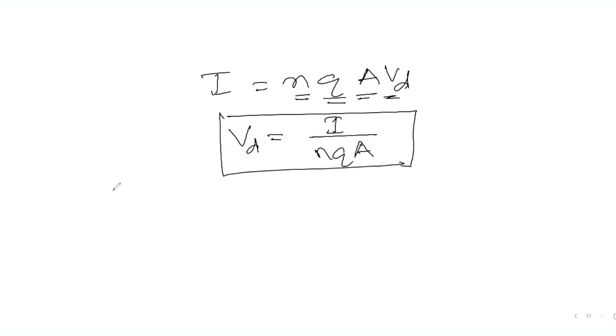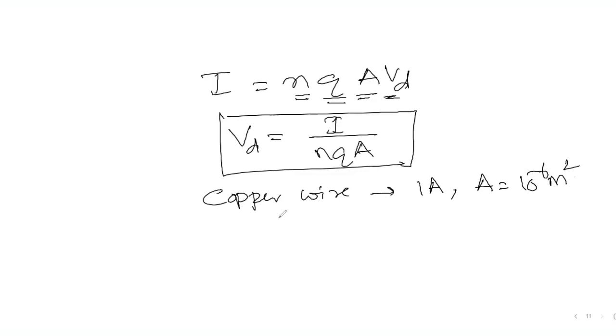Now let us calculate the drift velocity of electrons in a copper wire due to the flow of 1 ampere current, having area of cross section 10 power minus 6 square meters. For copper, the charge density is 8.5 into 10 power 28 per cubic meter. This is the experimental value.